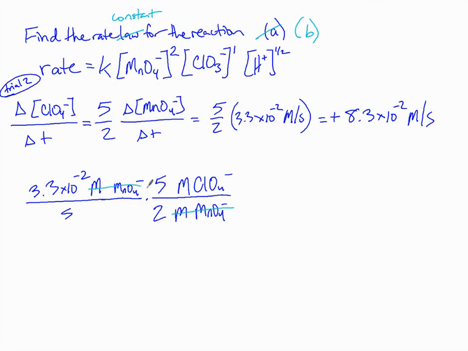Molar permanganate cancels, and we have molar of chlorate. And we get the same number. We're still multiplying our rate by 5 halves. We've just set it up a little bit differently. So it's still 8.3 times 10 to the negative second molar per second. And again, it's a product, so we should have a positive. These are just 2 different methods to address the same idea, changing the rate of disappearance of permanganate to the rate of appearance of chlorate.